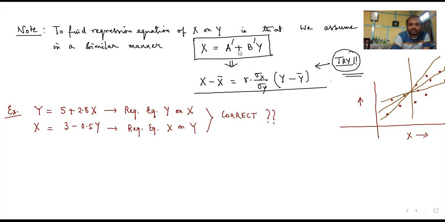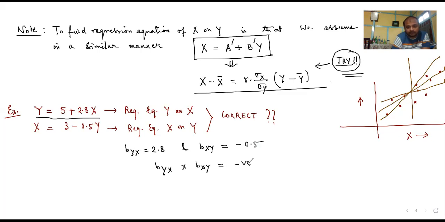A quick analysis will help us to find that. With respect to the first equation, the regression coefficient is 2.8. And with respect to the second equation, the regression coefficient is minus 0.5. Now, the product of these two regression coefficients will be negative. And we know that the product of two regression coefficients is actually the correlation coefficient squared.